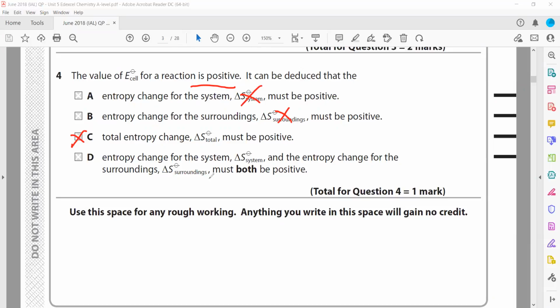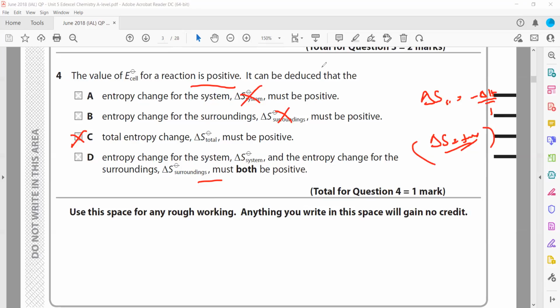The explanation that the entropy changes of both system and surroundings must be positive is not correct. Cell reactions are normally exothermic, so the entropy change of the surroundings is minus delta H by T, which will always be positive for a feasible cell reaction.